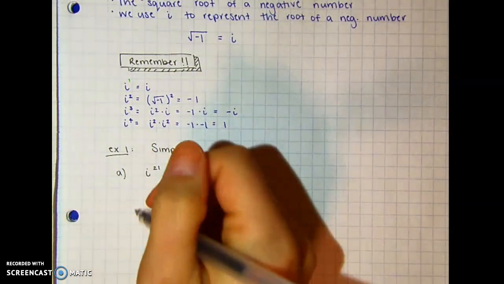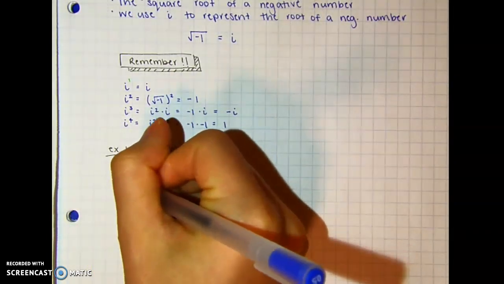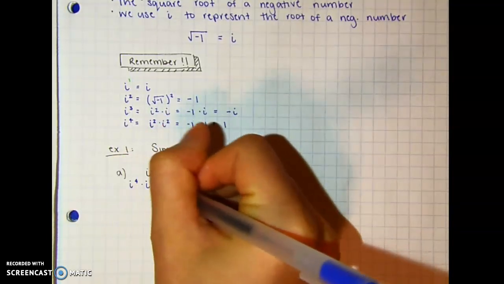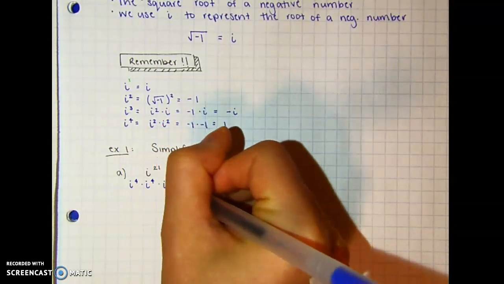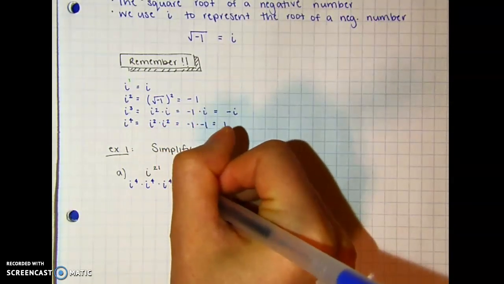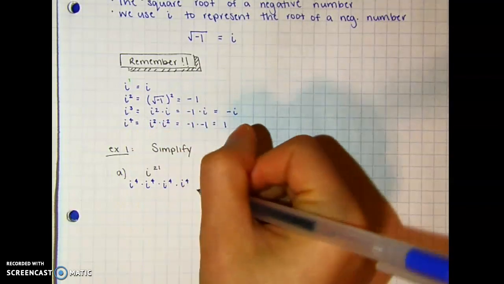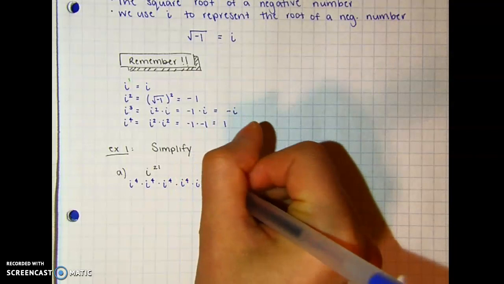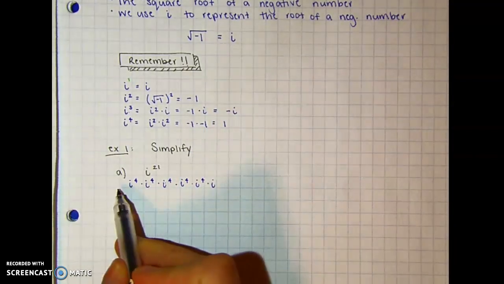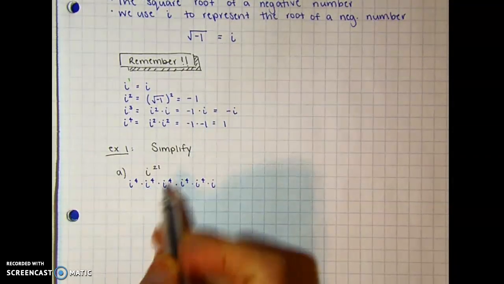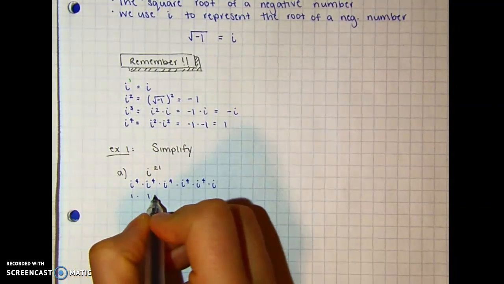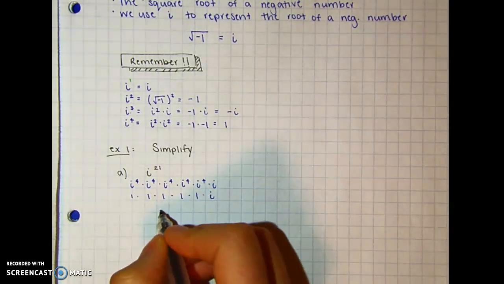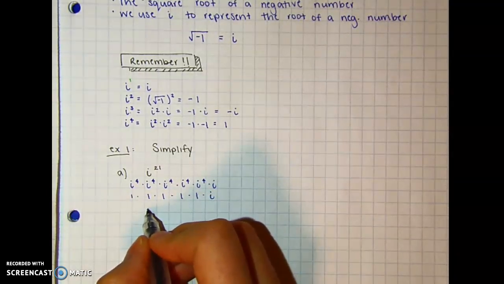So this is the same as i to the fourth times i to the fourth times i to the fourth times i to the fourth times i to the fourth times i. And i to the fourth is just 1, so this is 1 times 1 times 1 times 1 times 1 times i. So this is actually equivalent to i.